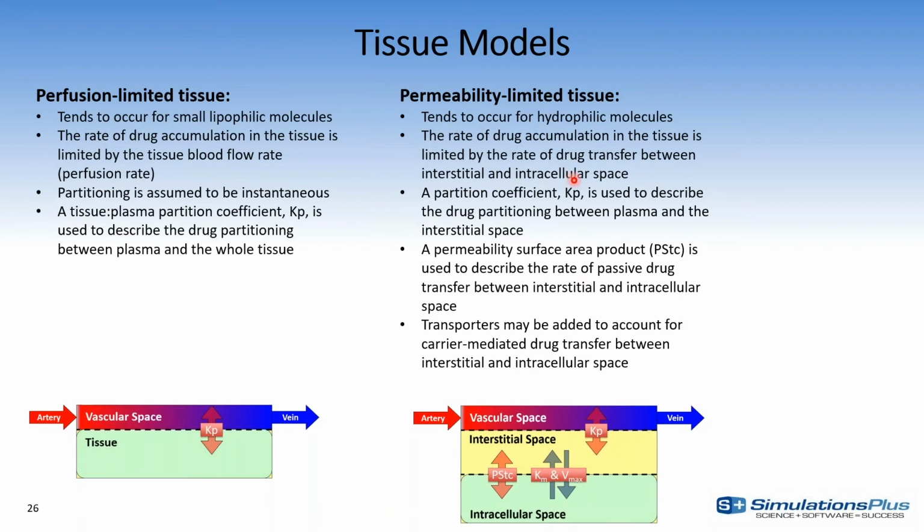The Kp describes the partitioning between the vascular space and the extracellular space. The permeability surface area product, PStc, can be used to describe the rate of passive drug transfer between the extracellular space and intracellular space. We can also set up transporters in the basolateral membrane to describe the drug transfer.